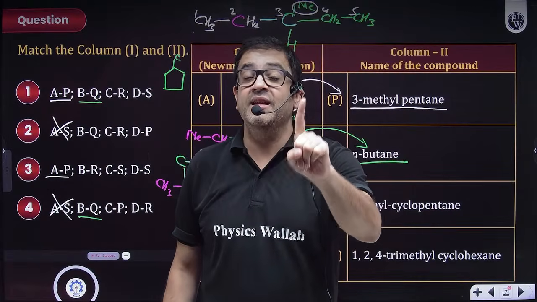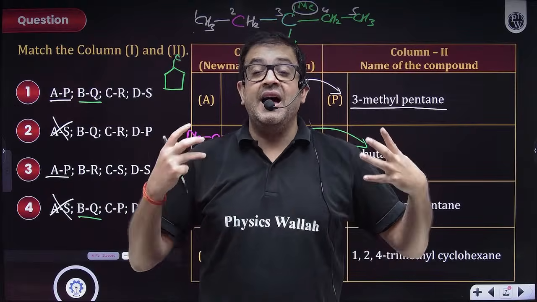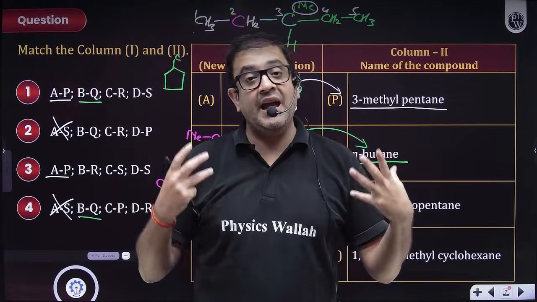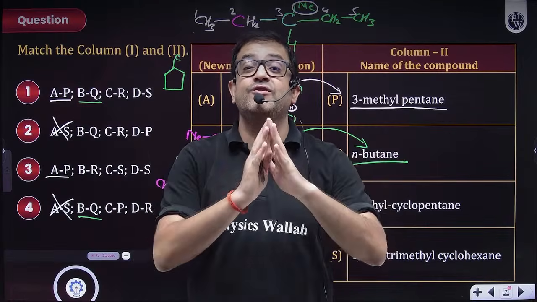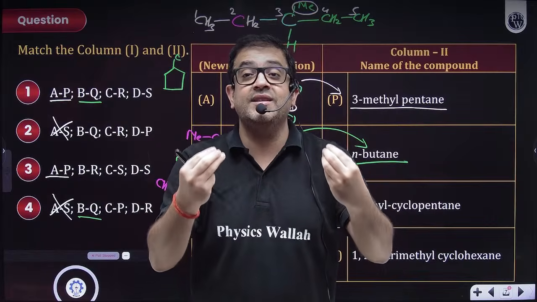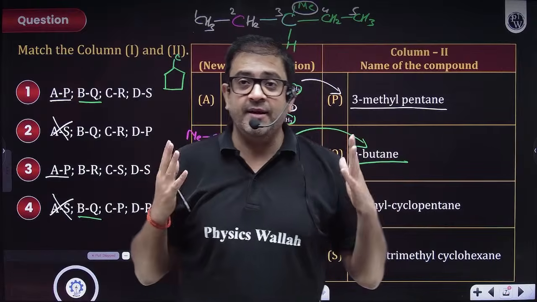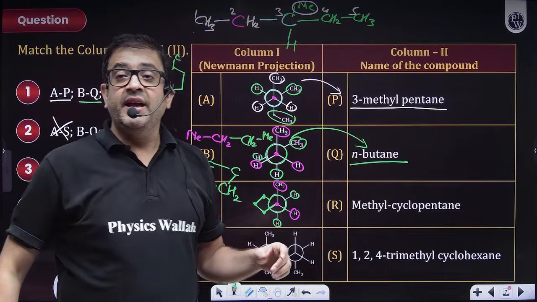Sir, cyclohexane. Because it has been seen experimentally, a scientist named Baeyer has said experimentally and theoretically that cyclohexane is free from any type of strain, and it is technically said that cyclohexane has zero Baeyer strain. But sir, it is cyclopentane, yes.